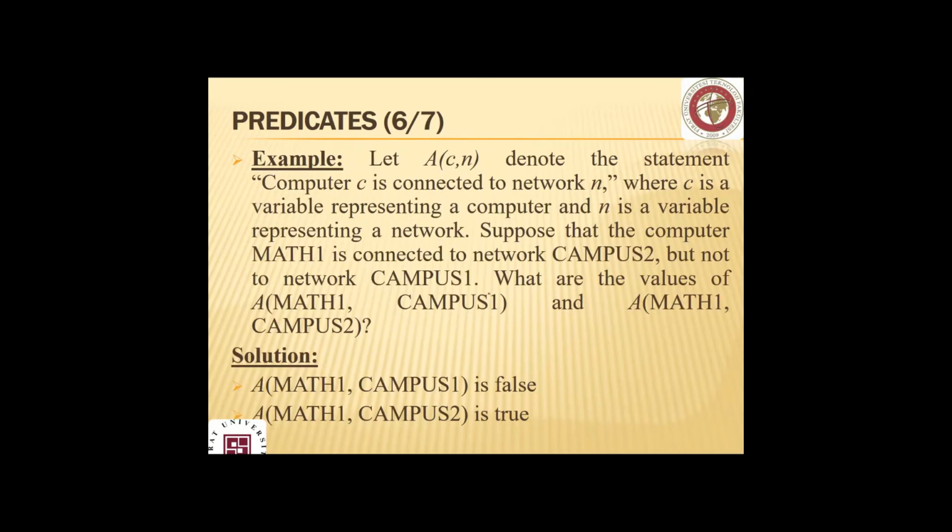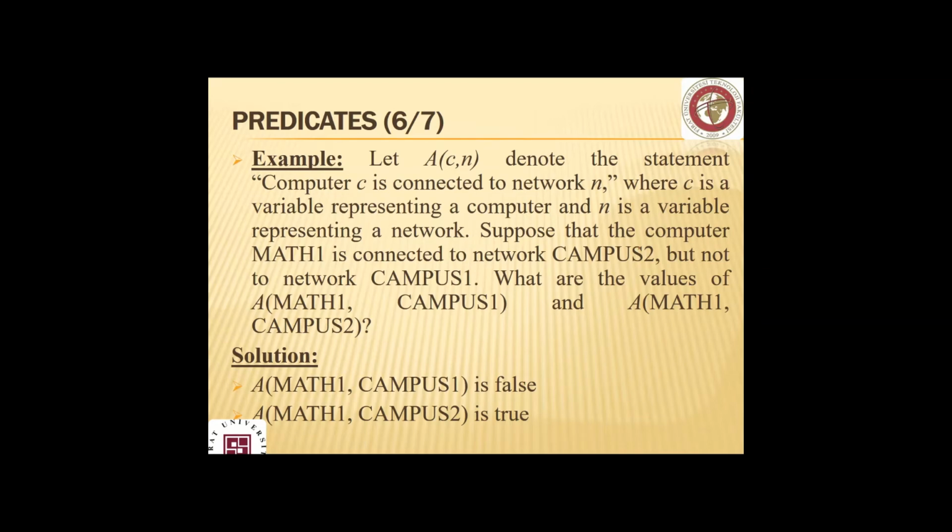All right, let's take another example, a little bit more about discrete mathematics logic. Let A(C, N) denote the statement computer C is connected to the network N, where C is a variable representing a computer and N is a variable representing a network. This is a predicate in this case.